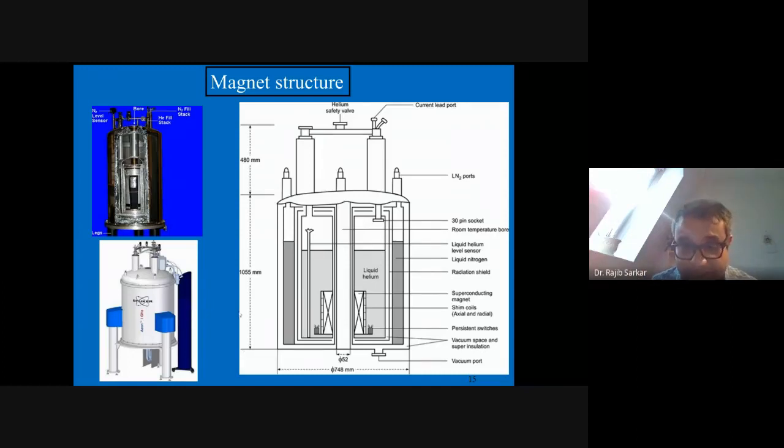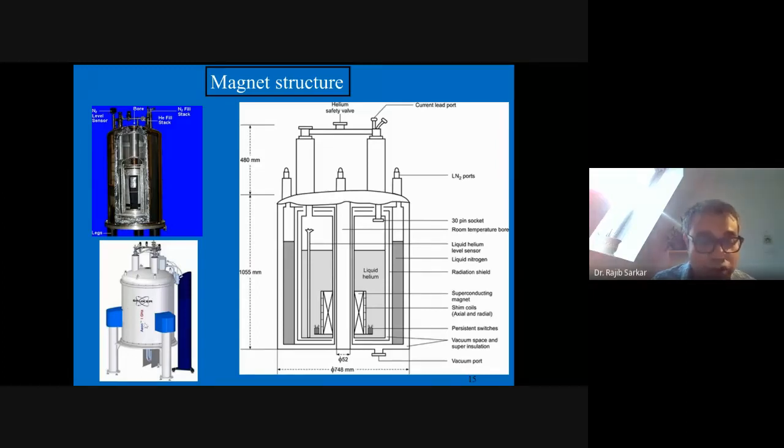You have your coil, which is immersed in liquid helium, and that provides a magnetic field parallel to this line. In the left corner, I have shown you a magnet which has been cut open, to show how the inside looks.